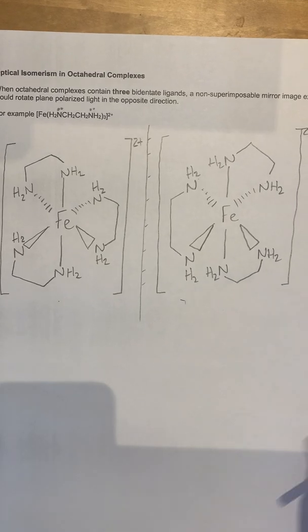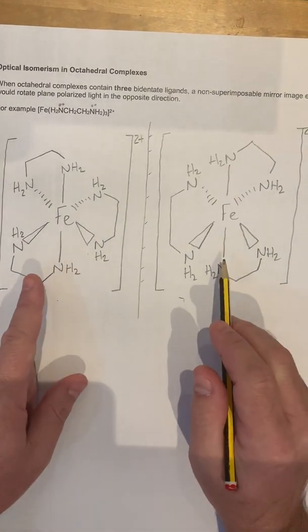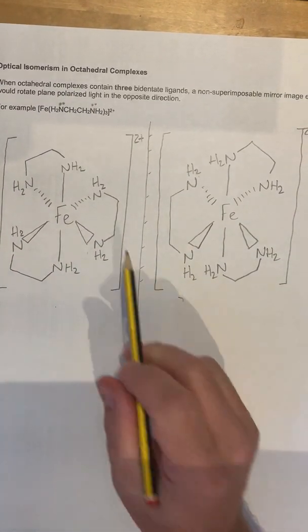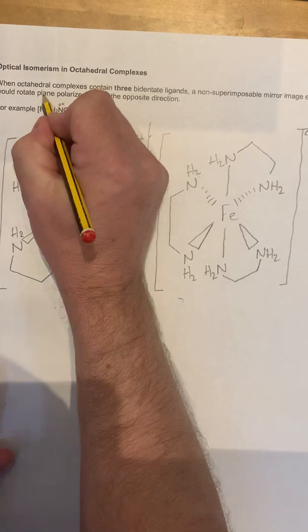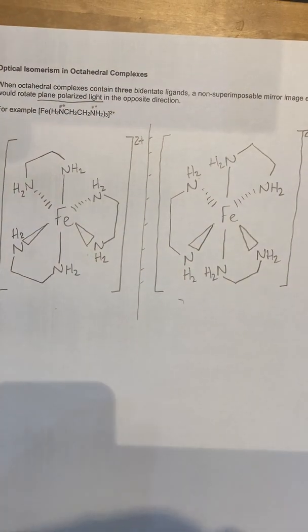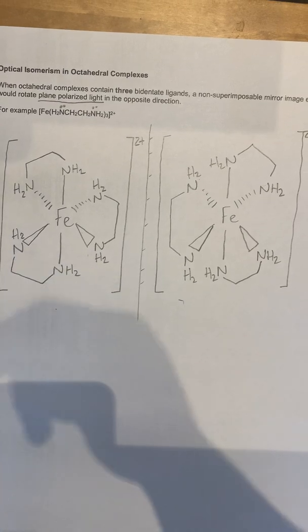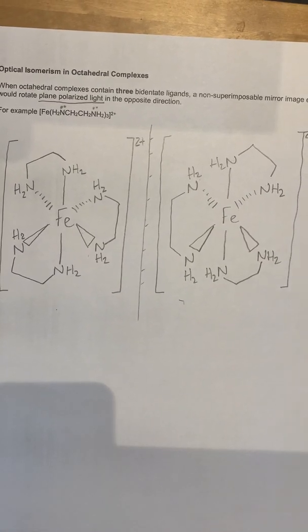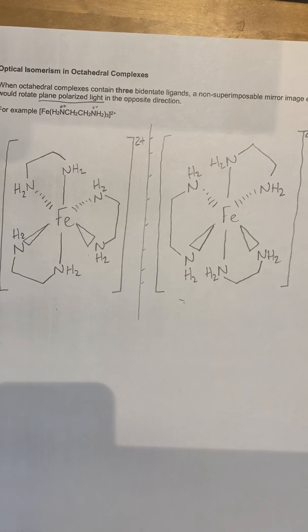Now, one way of being able to distinguish between these is if we've got separate solutions of these two isomers and we rotate something called plane polarized light. That's light that has gone through a filter. You don't need to know anything about it other than the name, but it's light that's gone through a filter.